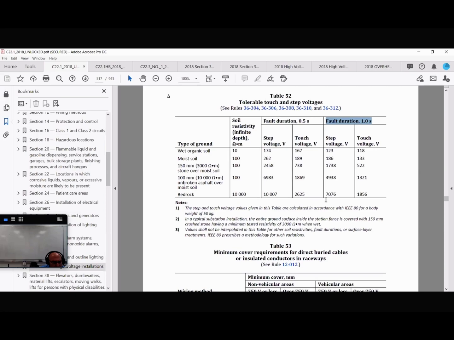You then have to look at what condition you have, whether it's organic soil, moist earth, crushed stone, asphalt, or bedrock. And if we were using, let's say 150 millimeters, let me highlight.